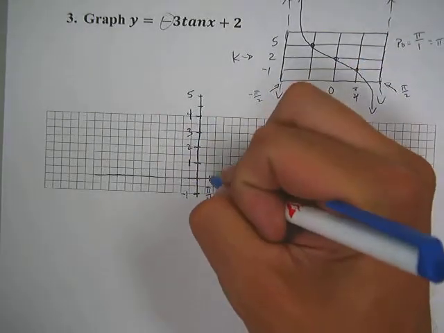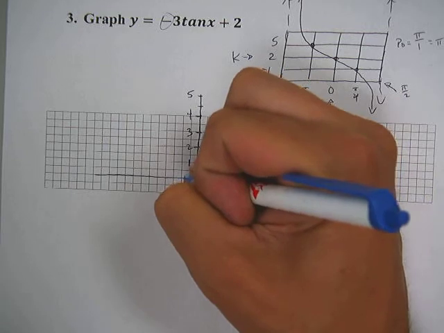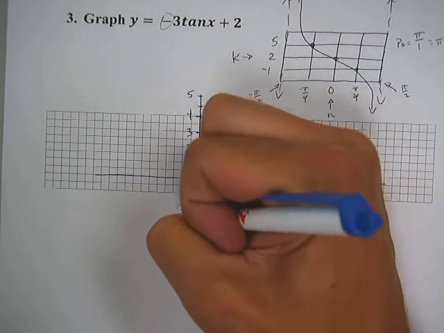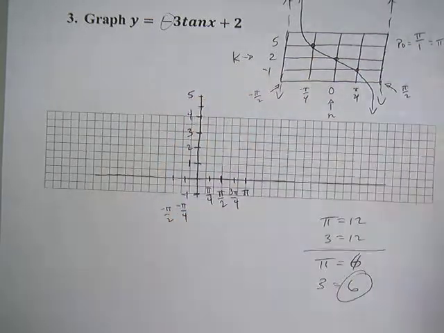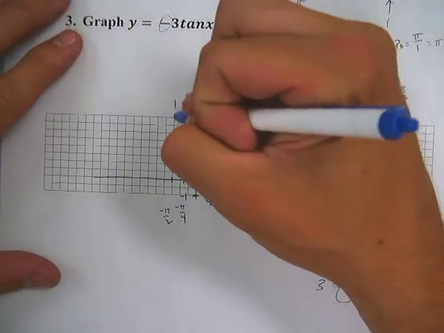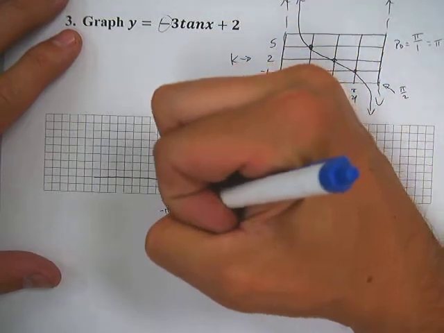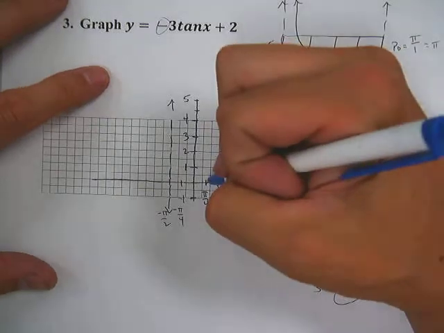And let's see, so that means go down, this would be negative 1. So let's transfer things. Let's see, asymptote, looks like we have one at negative pi over 4. So that means I got to go over here. So it looks like every 1.5 is a pi over 4. So that'd be negative pi over 4. And then right here would be negative pi over 2.